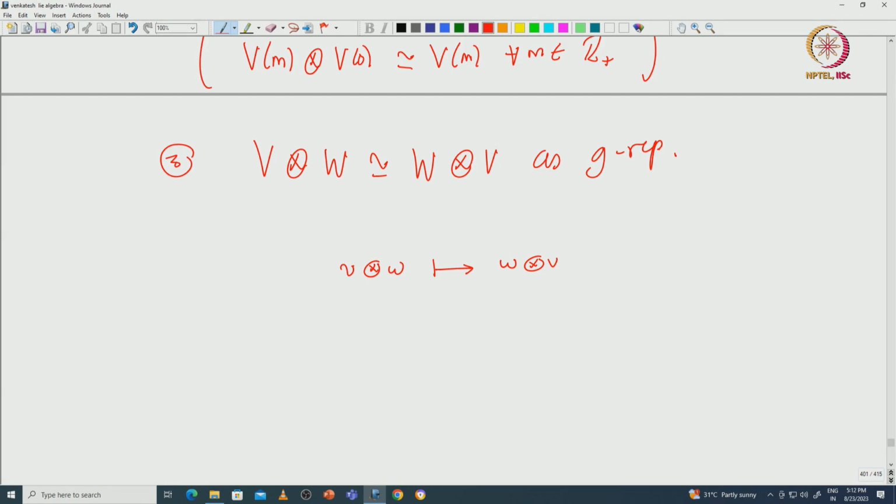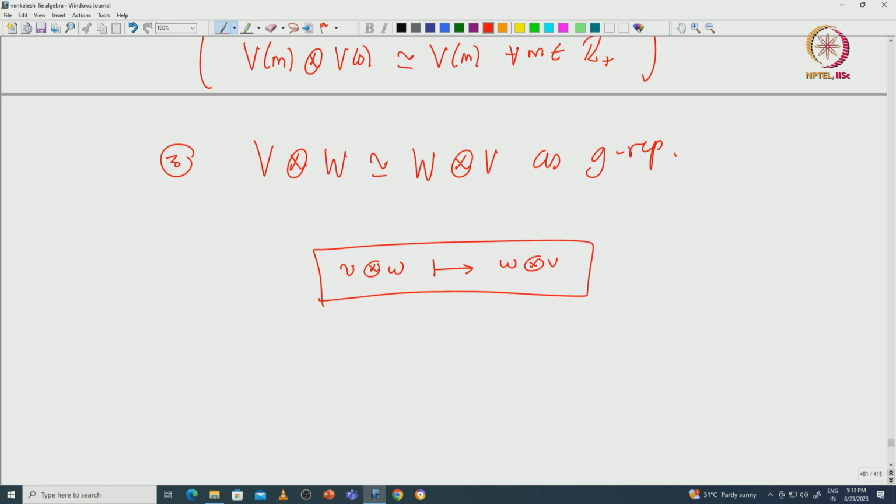So even to get this map, you are going to define it on simple tensors, but you want to define it on the entire space. For that you can't just start with this map and extend linearly to V tensor W, because the simple tensors do not form a basis.